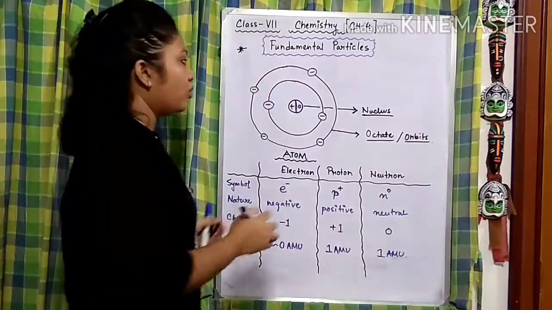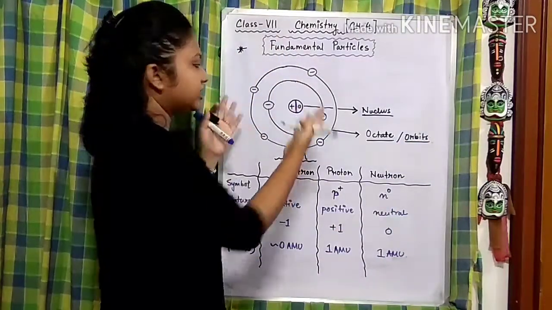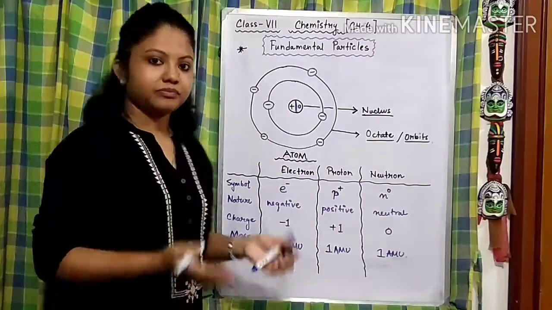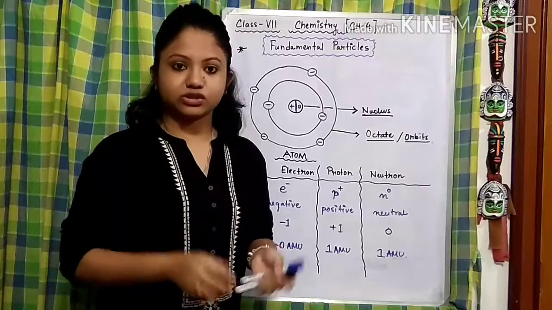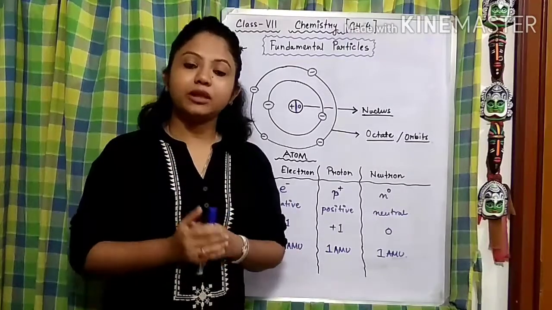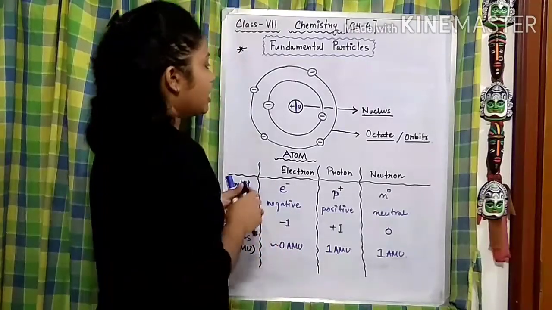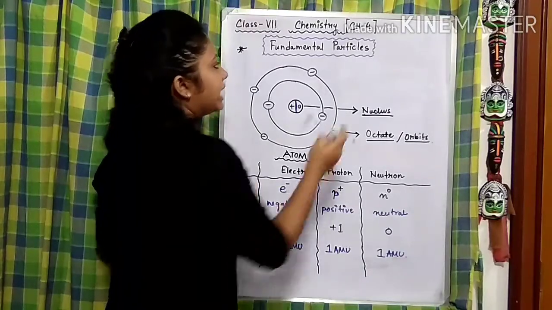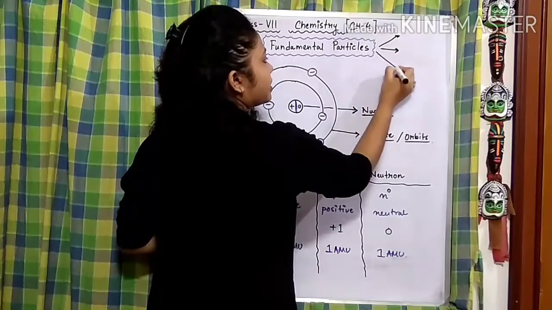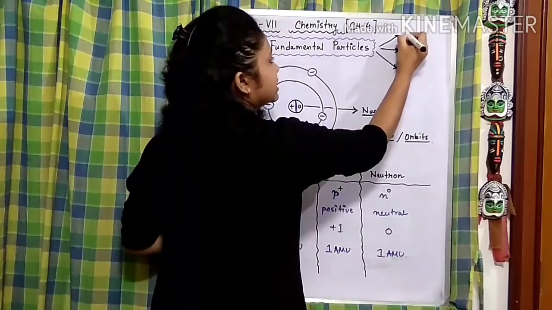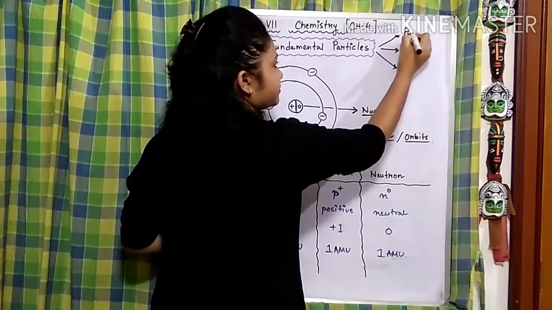Alright, now what are these minus and plus signs I have written there? First of all, we have to understand what are the fundamental particles of an atom. From there, we should know that there are 3 fundamental particles. First one is called proton.